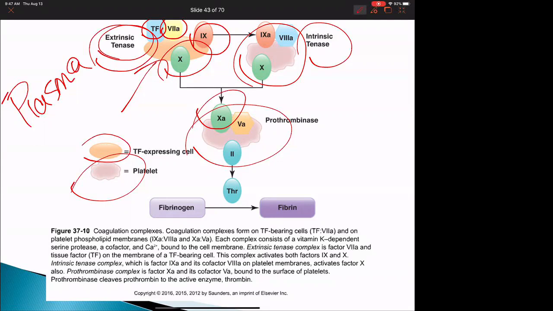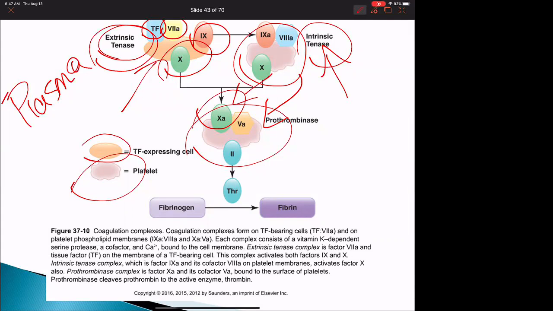This complex right over here is called the intrinsic tenase. Again, this is a tenase because this complex will come and activate factor 10, so 10-ase, intrinsic tenase, okay? This intrinsic tenase also comes and activates factor 10 to 10A, which you will see right over here.